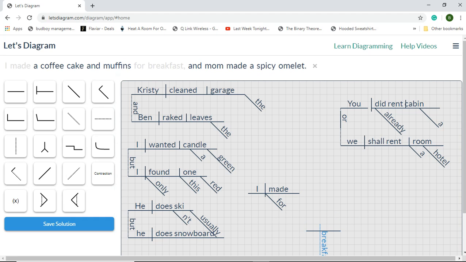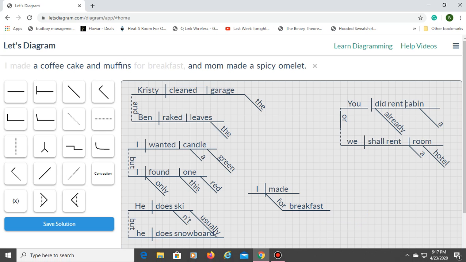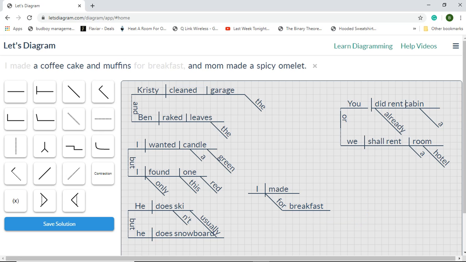Whew. Whoa. Come on. There we go. Okay, prepositional phrase. Then we have a compound direct object in this sentence.